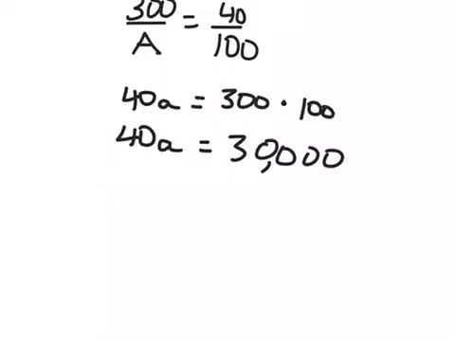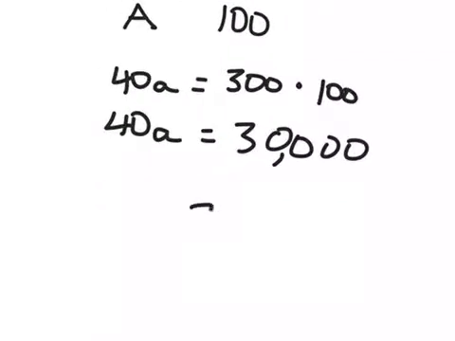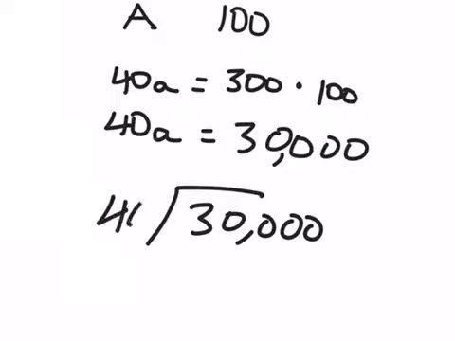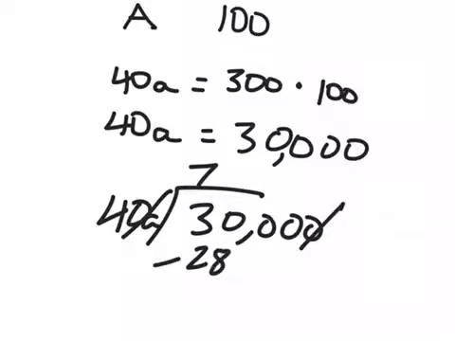Now, let's do the division. 30,000 divided by 40A. We can cross the 0 and A, the 0 over here, since we crossed that 0. Now, we can try doing it. So, 4 goes into 3, 0 times, so 4 goes into 37 times, so that would be minus 28, which would be 20.